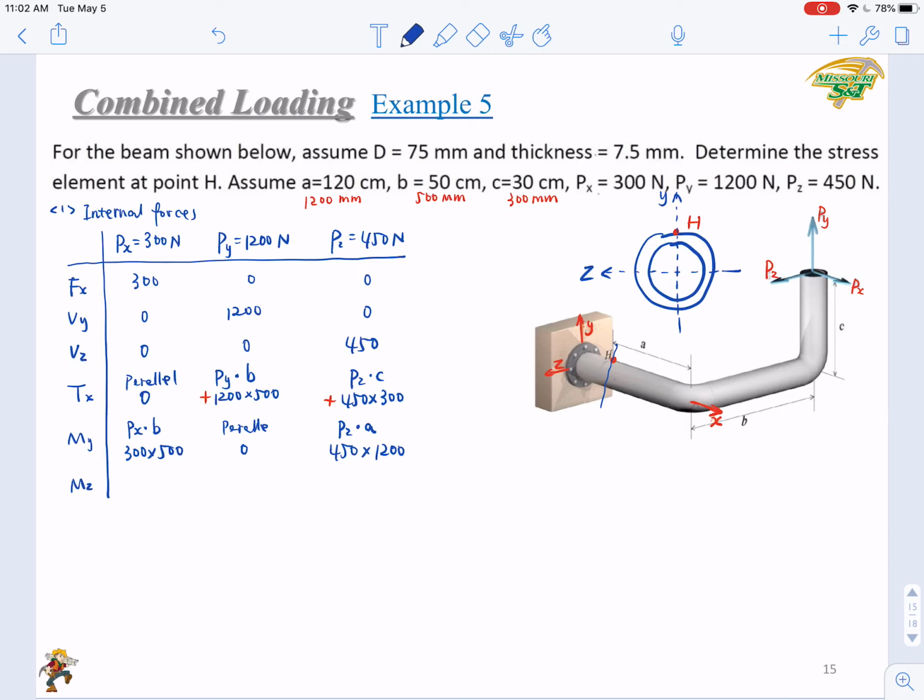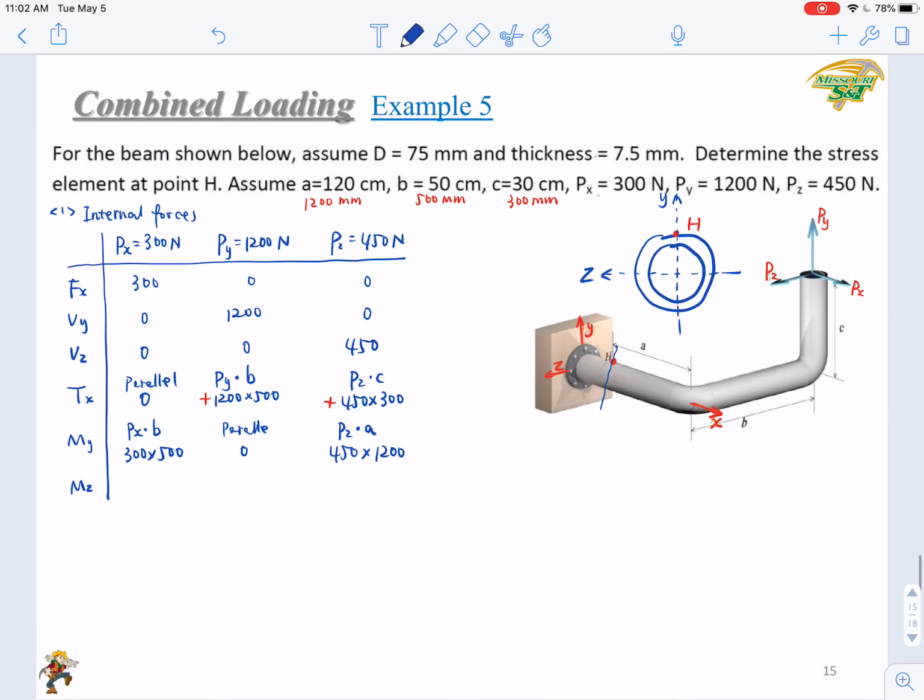Okay, do these two components have the same sign? Look at Px times B. Px times B will make the bending in this direction. And Pz times A will also make it bending in this direction, right? So these two will have the same sign, but it's not easy to determine if they are positive or negative. But this is less important.